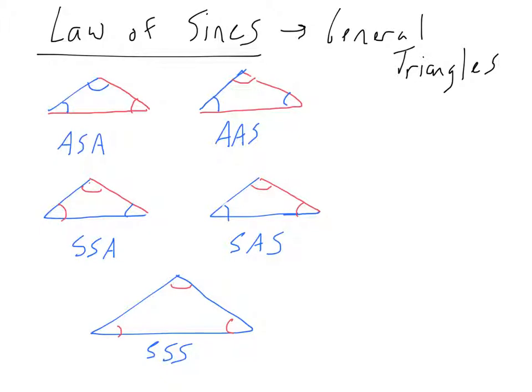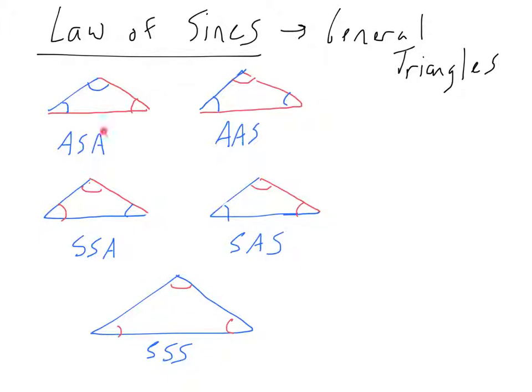Sorry, this jumped forward a little bit, but let me go back and explain it. We have angle, side, angle. We have angle, angle, side. We have side, side, angle when we know 2 sides and an angle that's not between the 2. We have side, angle, side when we know 2 sides, but the angle is between the 2. SSA, as we're going to see, can be problematic sometimes. And lastly, if we have all 3 sides, that's SSS.